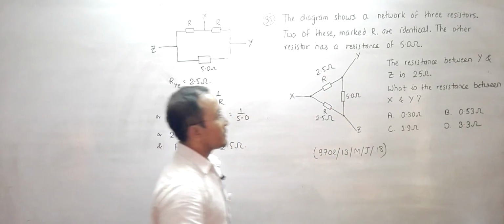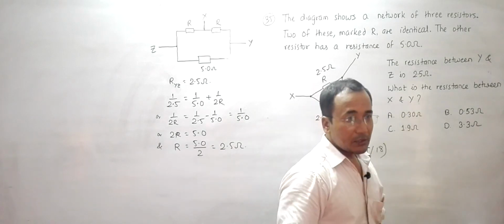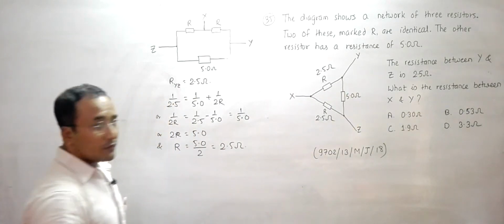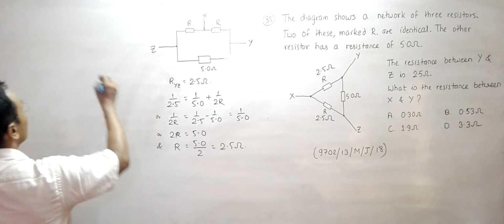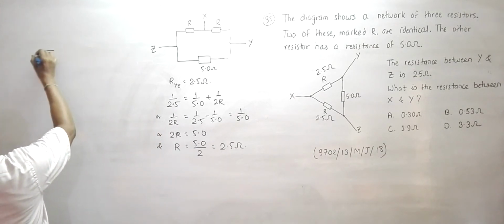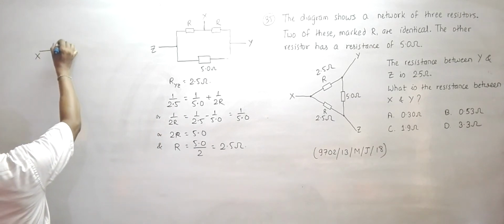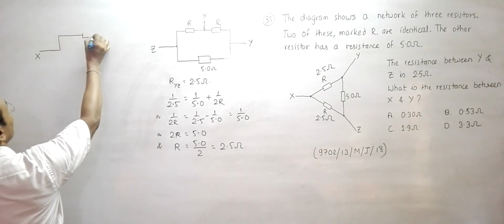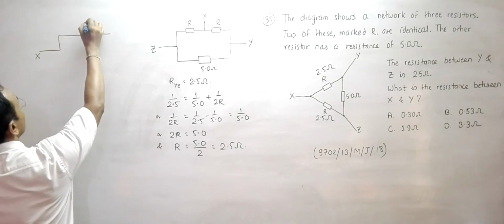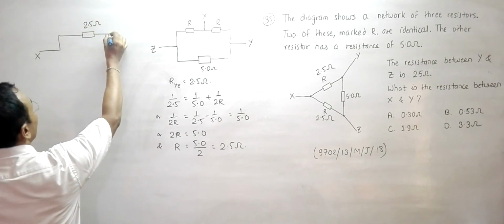Now we have to find the resistance between X and Y. So let's again change this into a comfortable form. This is point X. From X we have got this 2.5 ohm here, and it comes like this.